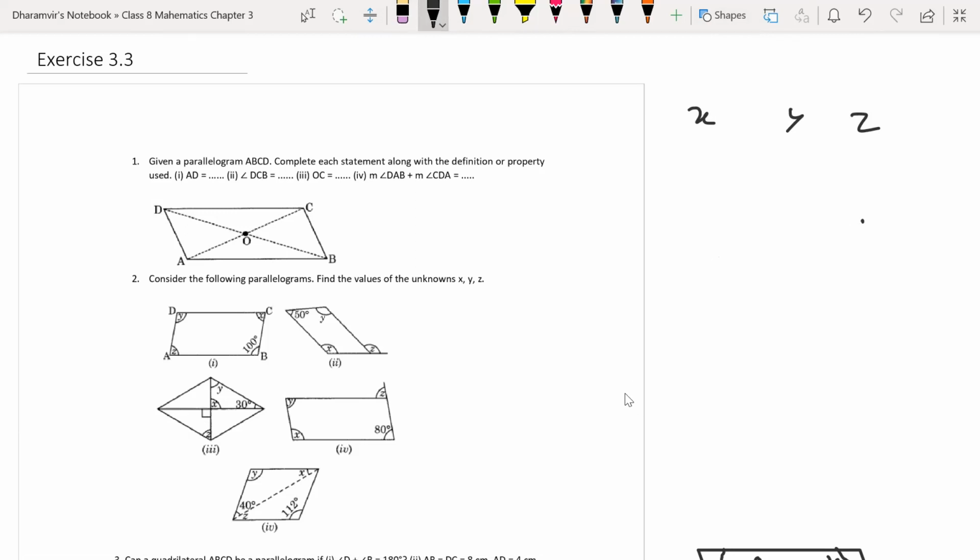Now x, according to the rule of the triangle, the sum of the angles of a triangle is 180 degree. X plus y plus 30 is equal to 180. X plus y is equal to 180 minus 30 is equal to 150 degree.